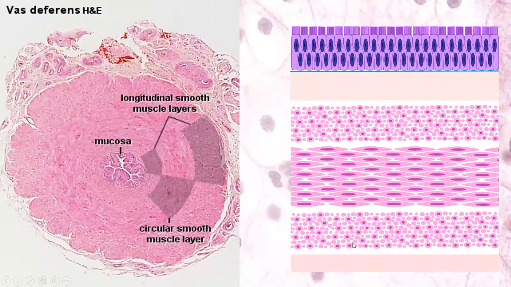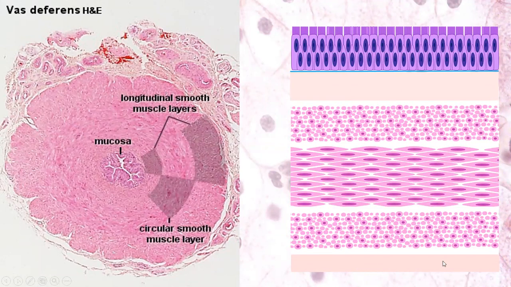Under it there is a muscularis, which has three layers, and it's very well developed because vas deferens is a muscular organ, and contractions of the muscularis act like a pump. They help in the movement of spermatozoa. So there are three layers: inner and outer are longitudinal, and the middle layer is circular. They work together and provide peristalsis of vas deferens.